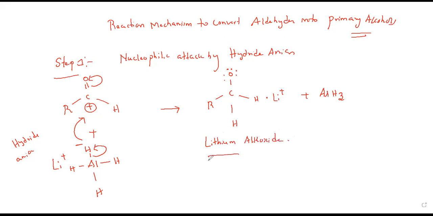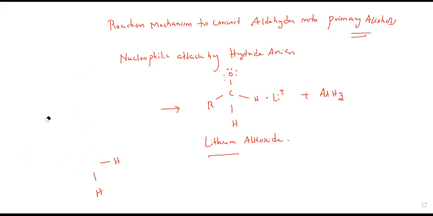You are going to get one intermediate compound called lithium alkoxide. So what is the second step now? In the second step, it is nothing but protonation of the lithium alkoxide anion.